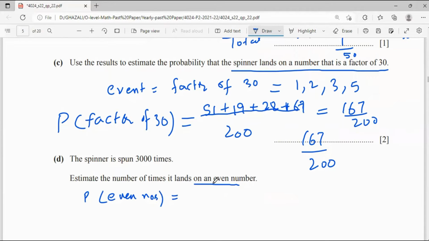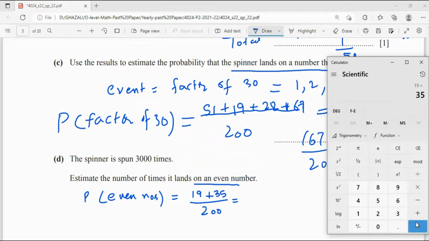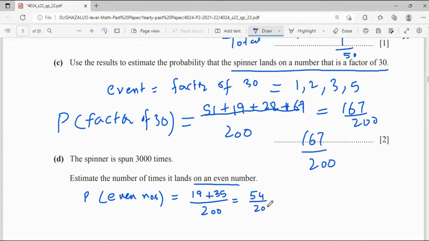will be equal to the number of times an even number occurs: 2 occurred 19 times and 4 occurred 35 times out of 200. Now we add these values, 19 plus 35, that's equal to 54 over 200.